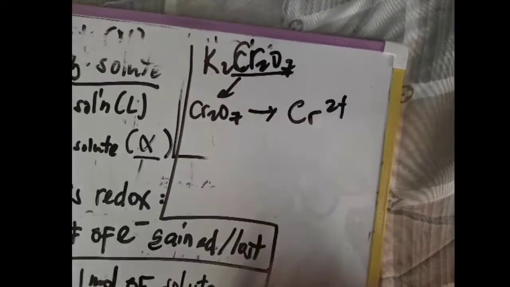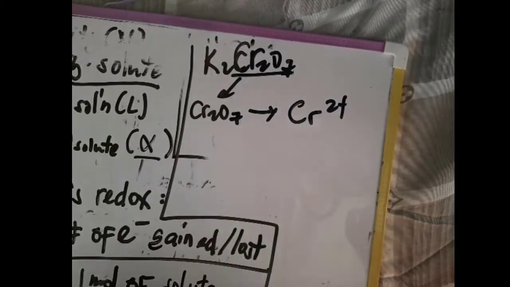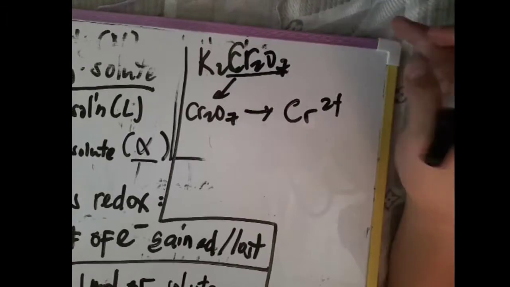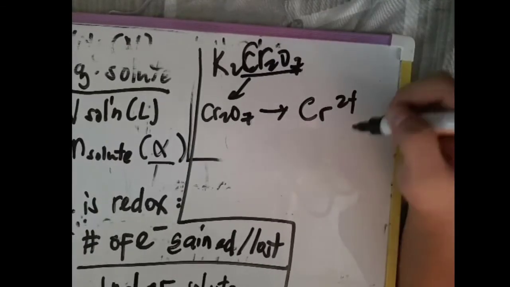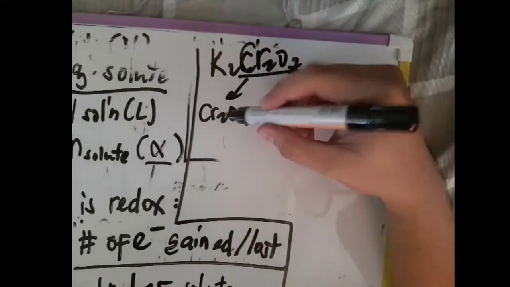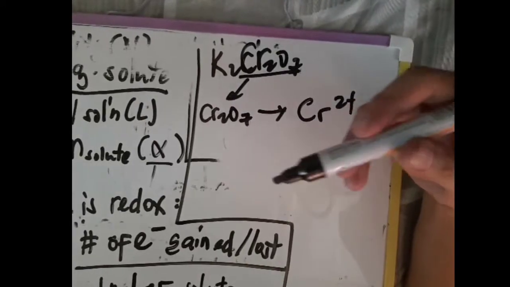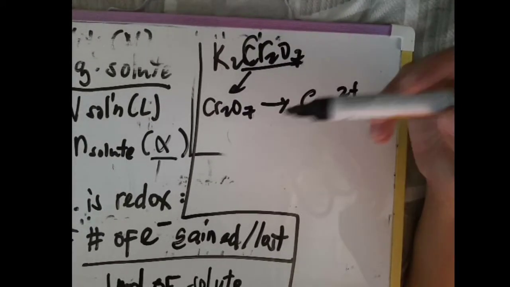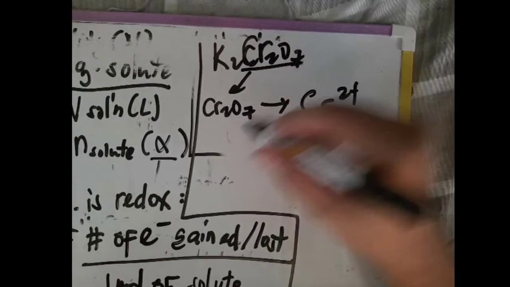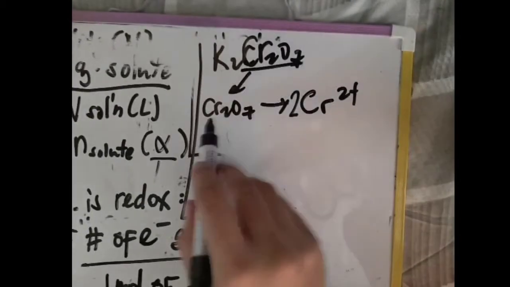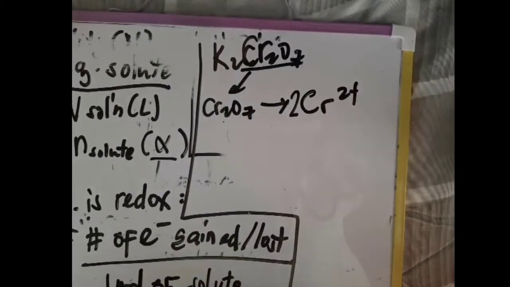In balancing redox reactions, you first balance the elements other than oxygen and hydrogen in the half reaction. Here, the only such element is chromium, so we balance the chromium first. We add a coefficient to balance the chromium on both the reactant and product sides of the reaction.